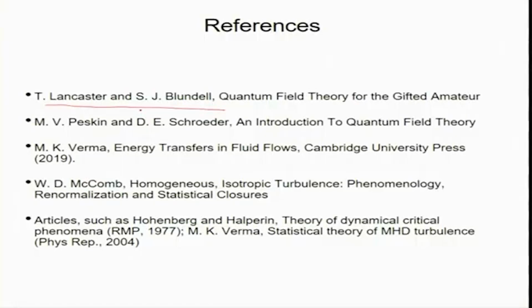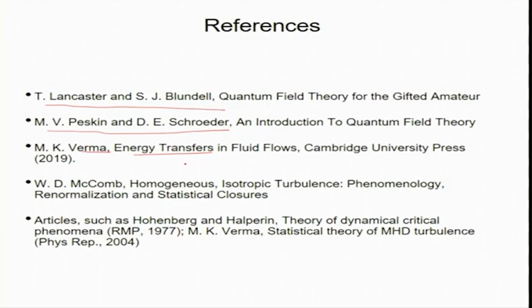My sequence in this course will be different from this book, but I am going to cover half of this book, okay. The standard book is Peskin and Schroeder, okay. These two are particle physicists. So, in particle physics, I think this is a very standard textbook. Some of the things which I am going to use, I have done in chapter 12 of this book, I have field theory done there for turbulence.